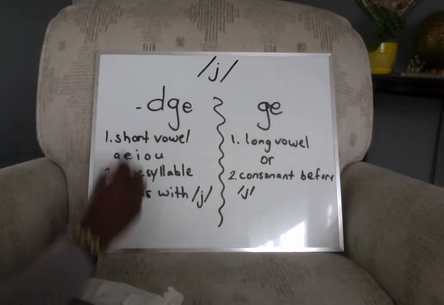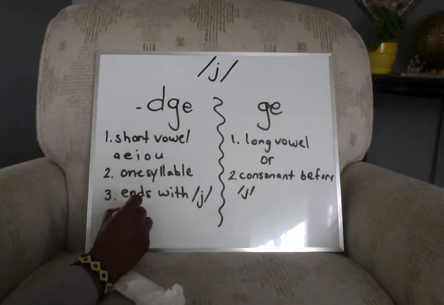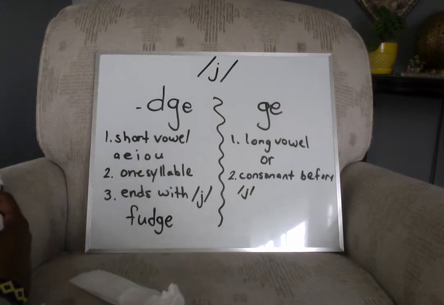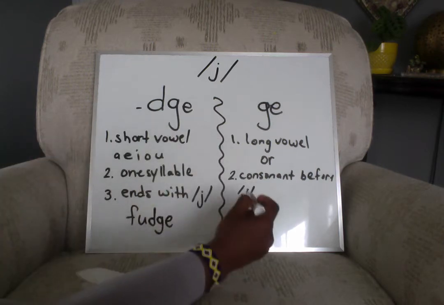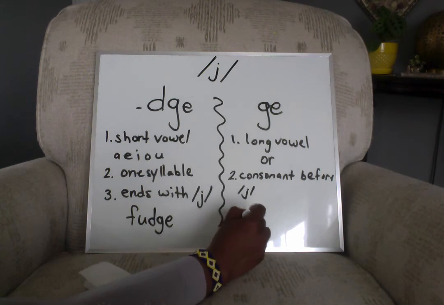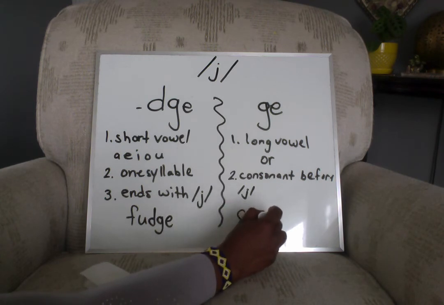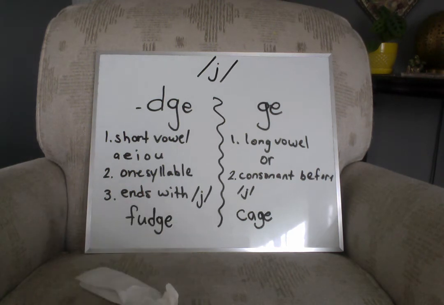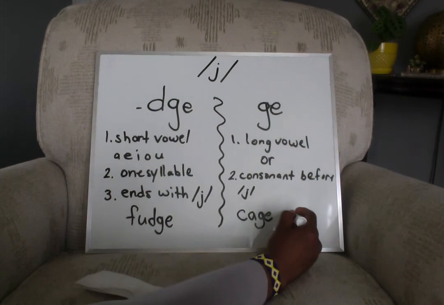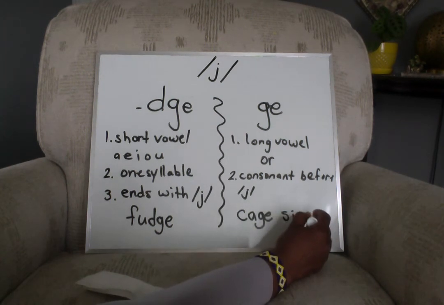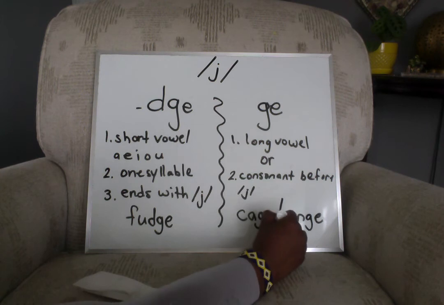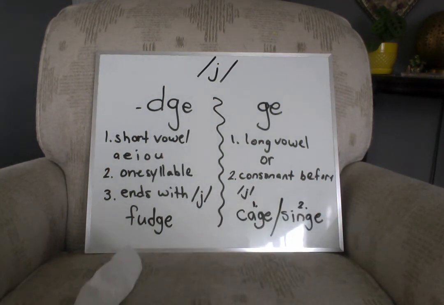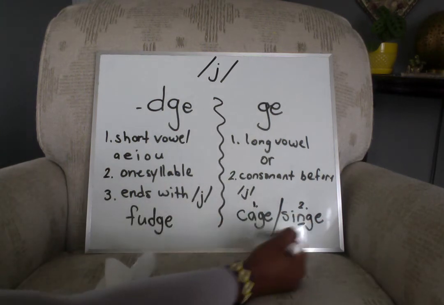For example, for DGE, fudge. For GE, for the long vowel sound, cage. For the consonant before the J sound, singe. This is number 1. This is number 2. Singe. You hear the n before the j.